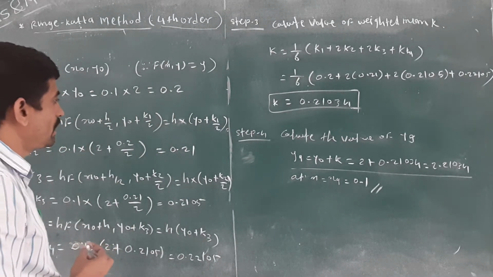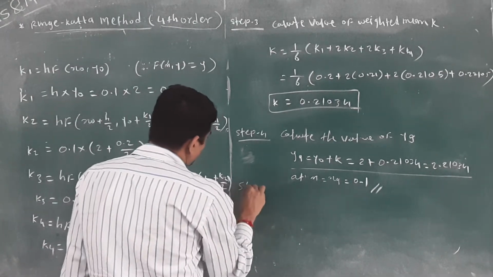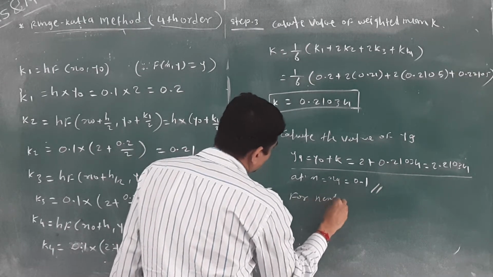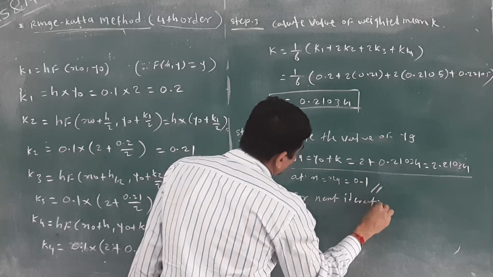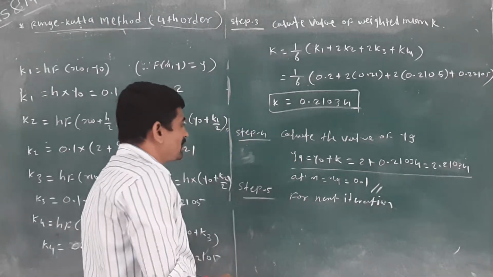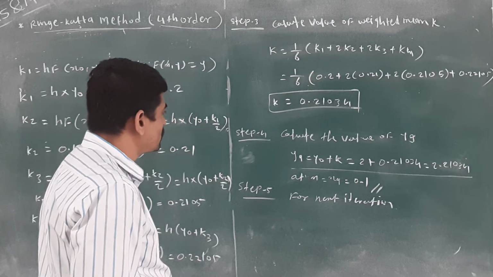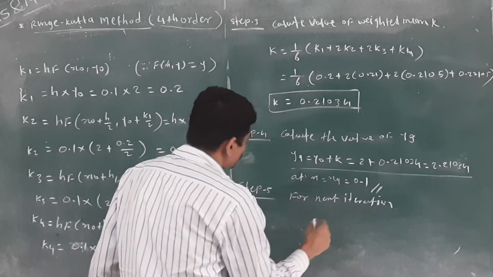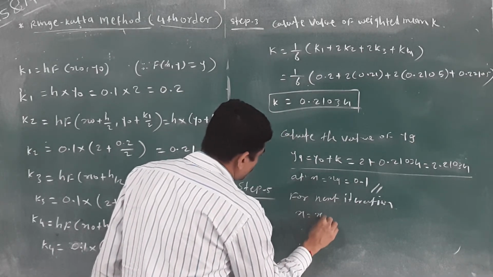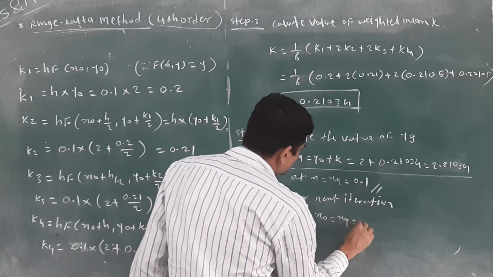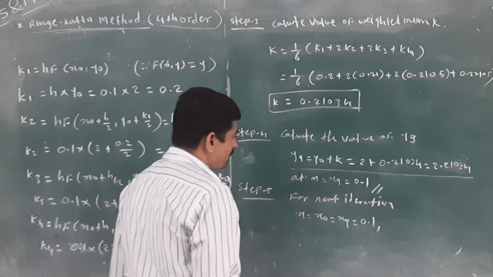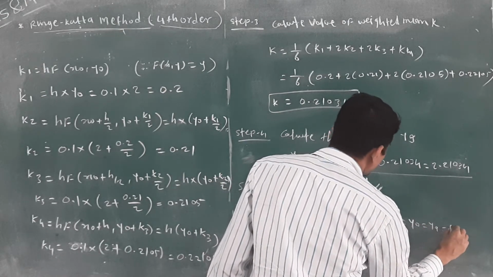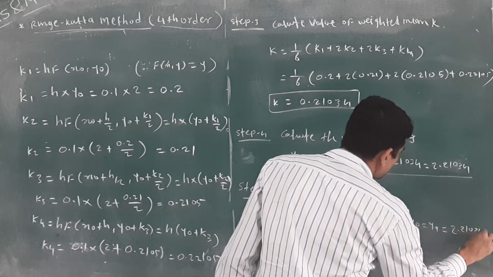For the next iteration, step number 5, I will write here: for the next iteration, what is the x0 and y0? Anybody tell me? x0 is equal to xg is equal to 0.1, and y0 is equal to yg is equal to 2.21034.